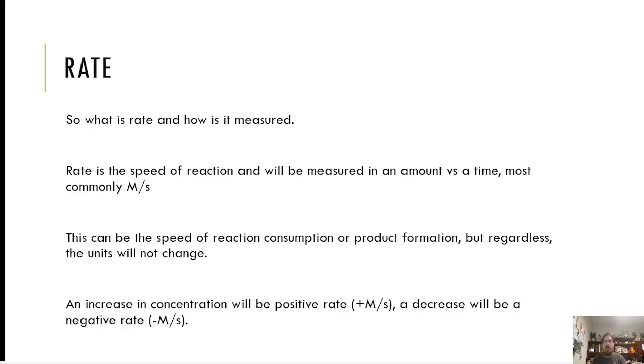In the same way, we can look at the speed of a product being formed or the speed of a reactant being consumed. Now, one is a negative rate, the other is a positive rate. Something increasing at a rate or something decreasing at a rate. So it's all about the direction, something going up versus down.